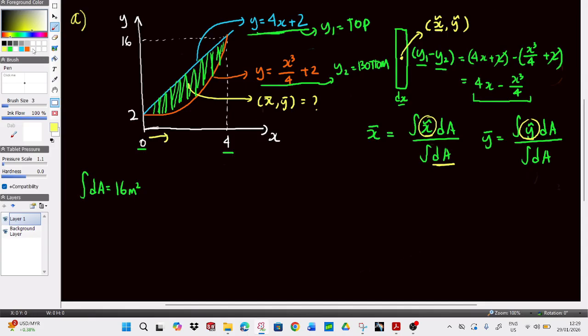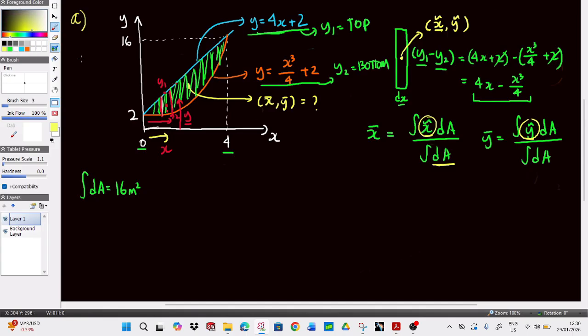Let me use a different color, red. It's a little bit tricky. You can see that x tilde, for each element, depends on the position of your x coordinate. Whereas your y tilde is not just the position of the y coordinate; it depends on your y1 and y2.